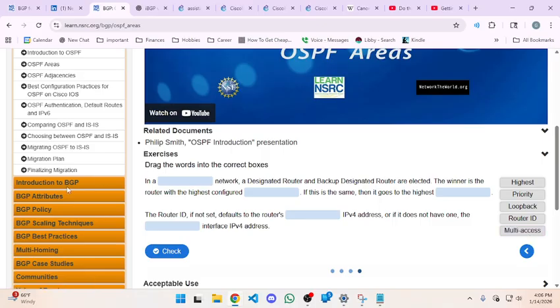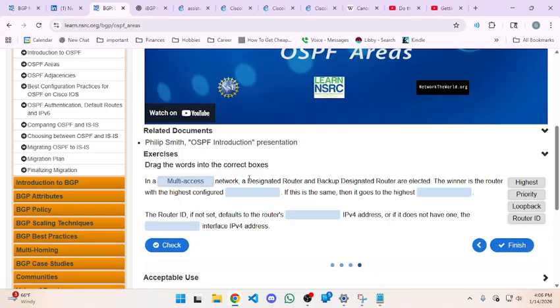Drag the words into the correct boxes. In a multi-access network, a designated router and backup router are elected. This is not a point-to-point network, but you have to configure it as such. The winner is the router with the highest priority configured.